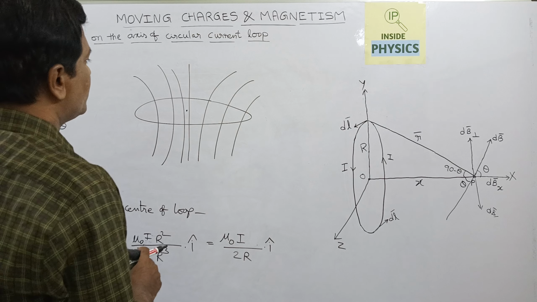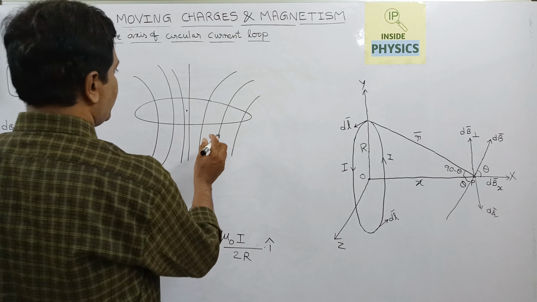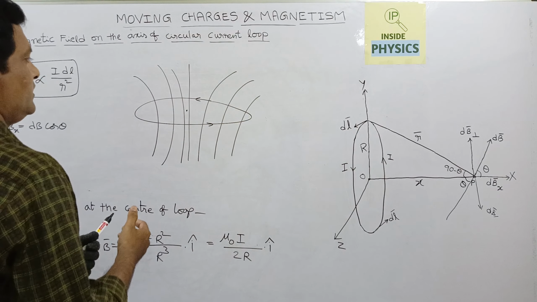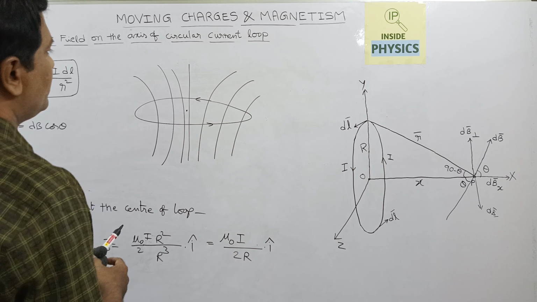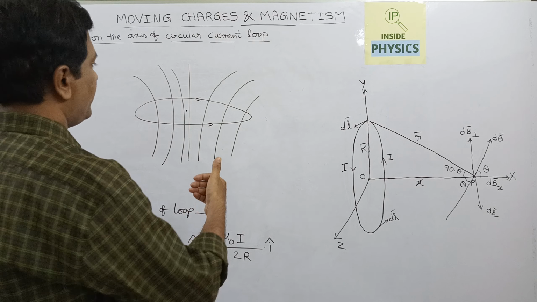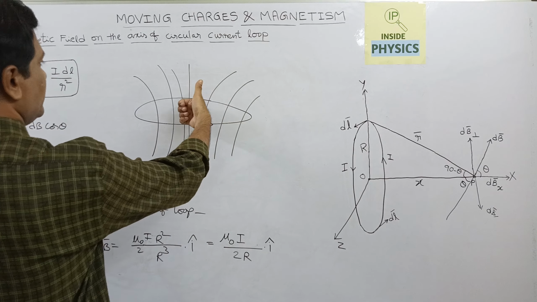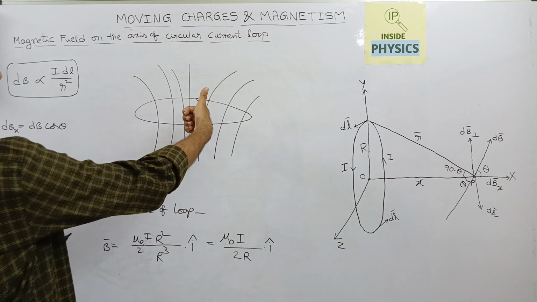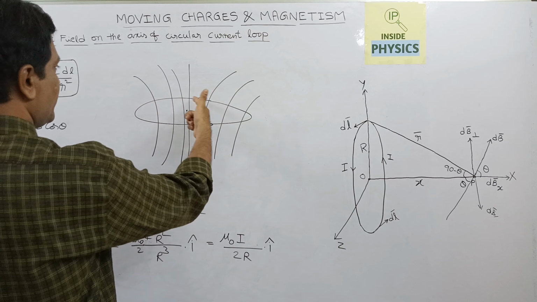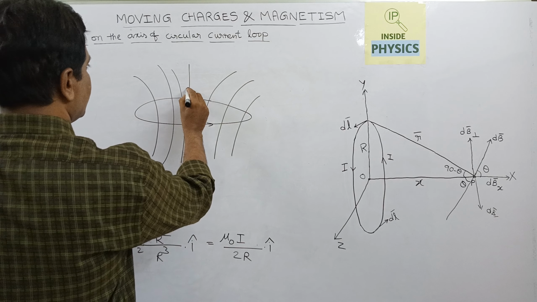If you want to get the magnetic field direction and the current is in this direction, put the fingers of the right hand in the current direction. My four fingers are in the direction of the current in the loop, then the thumb gives the magnetic field direction in this way.